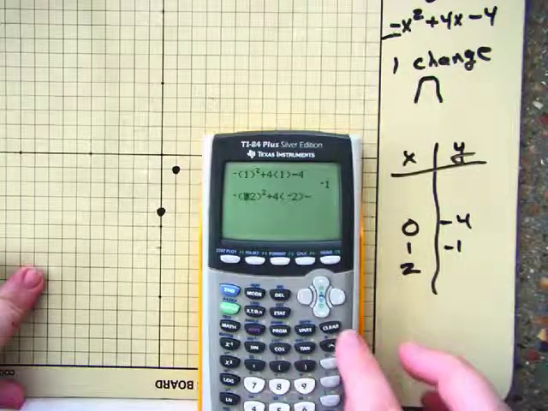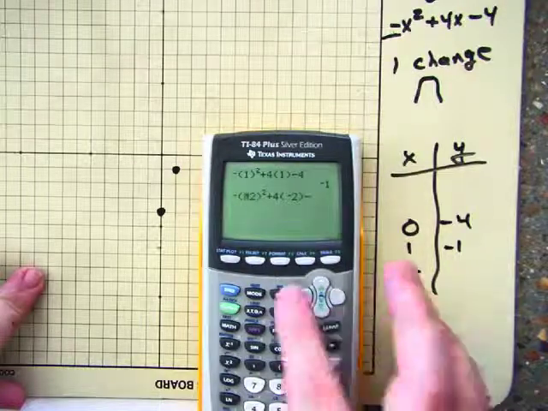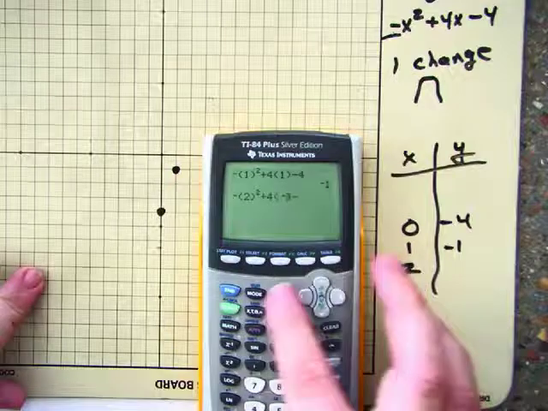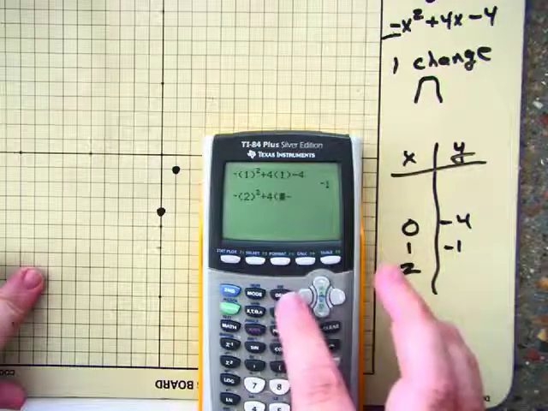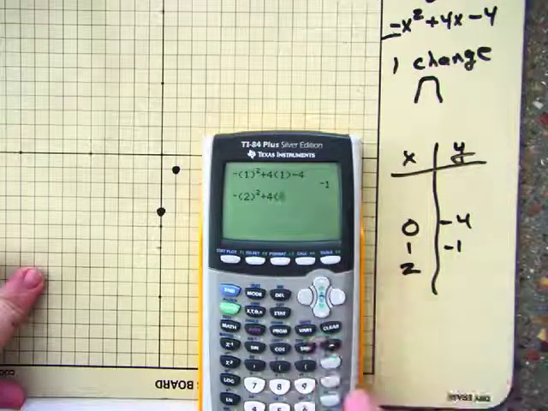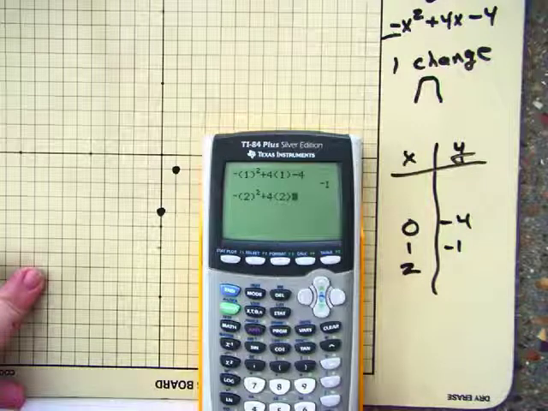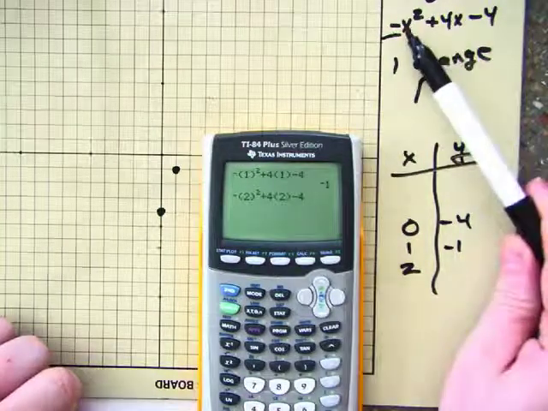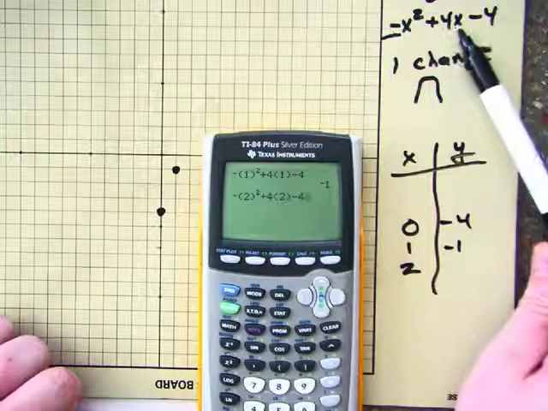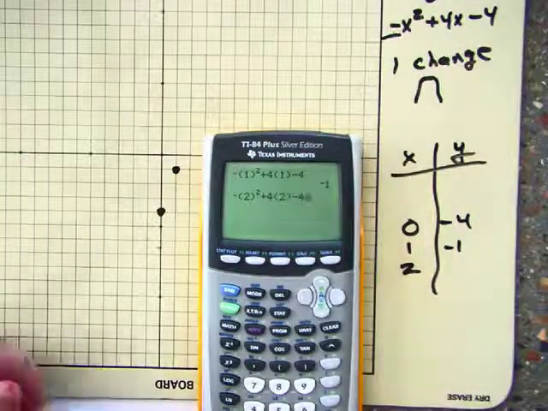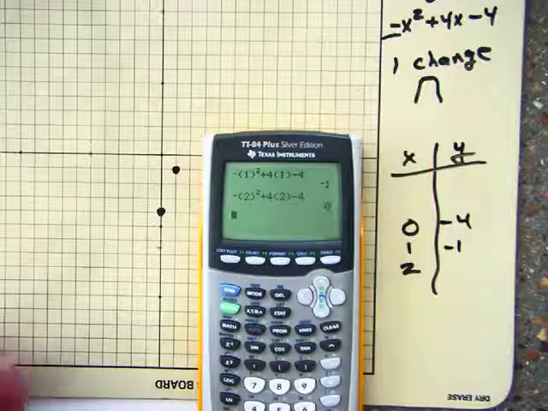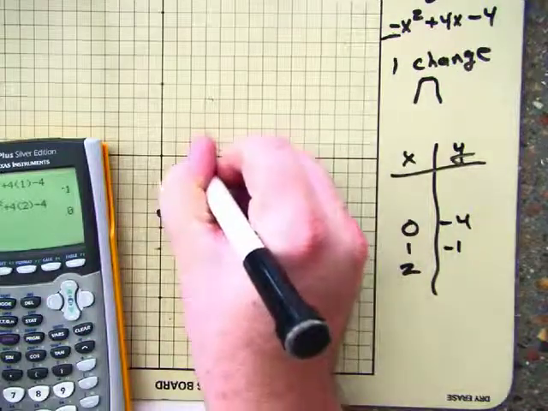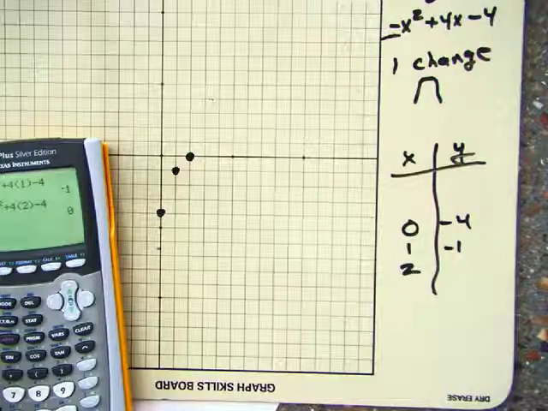Let's try that again, but with a +2 like I originally wanted. Negative 2 squared, plus 4 times 2, minus 4. All I'm doing is plugging in a 2 for each place I see x. I hit enter, and I see it's 0. So when I go out to 2, it stops right there.